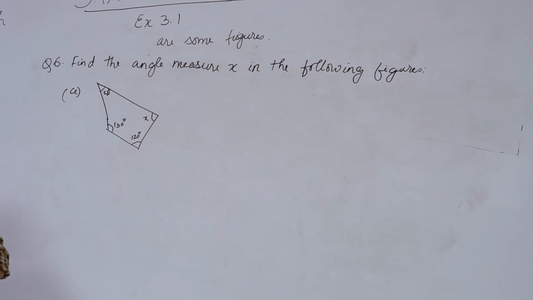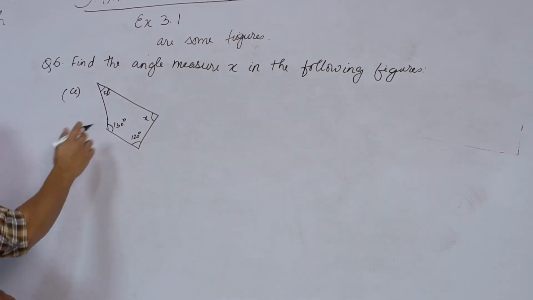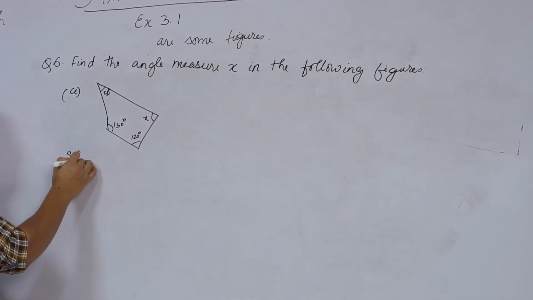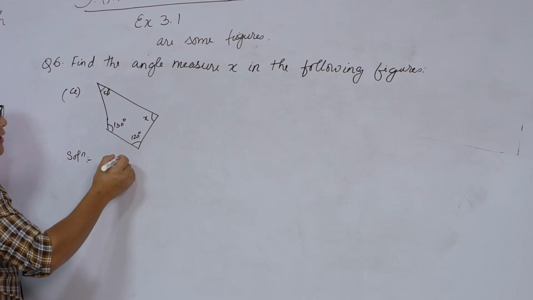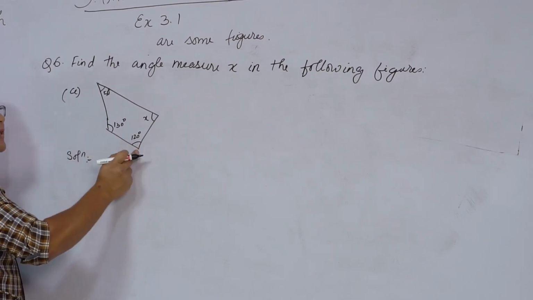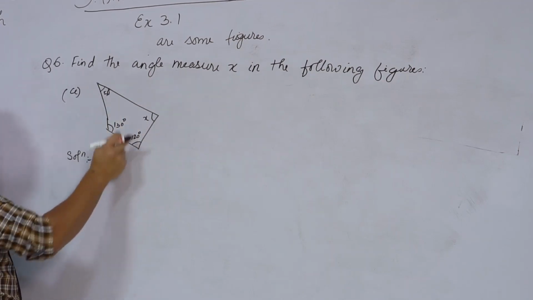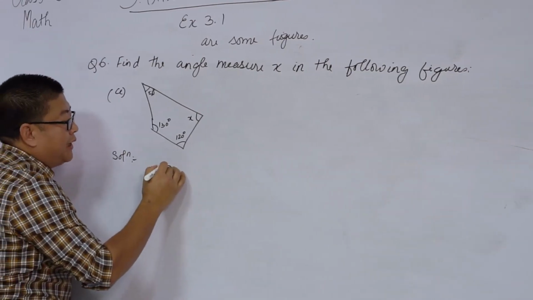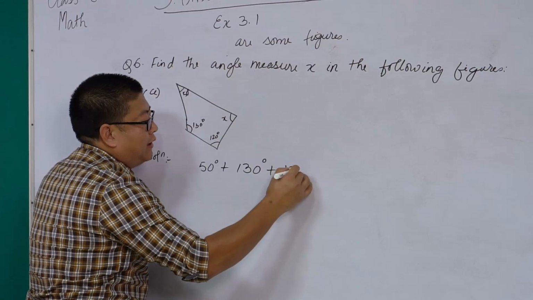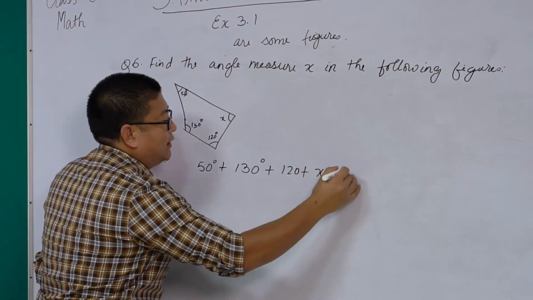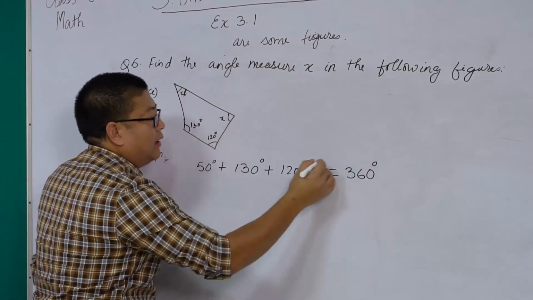Now we have to find the angle measure of this particular quadrilateral. It is 4-sided, so we will find the angle sum of the quadrilateral. Now we have already learned that we add this, this, this and this. If you add all the 4 angles, you should get 360 degrees.